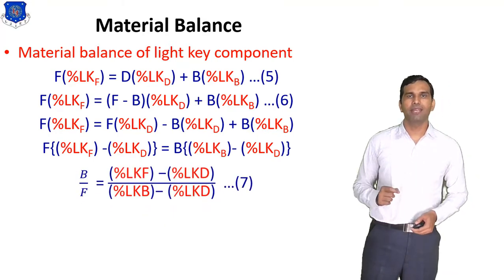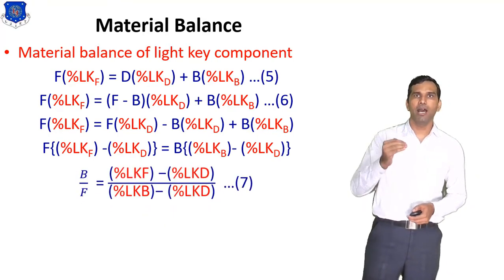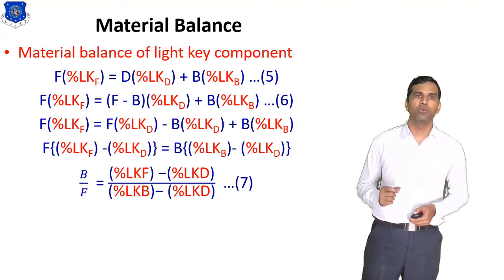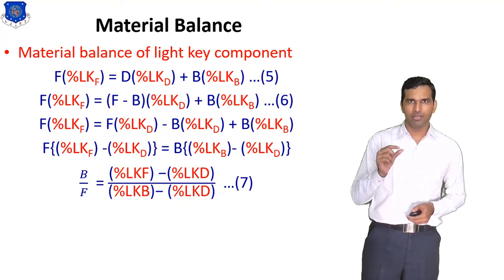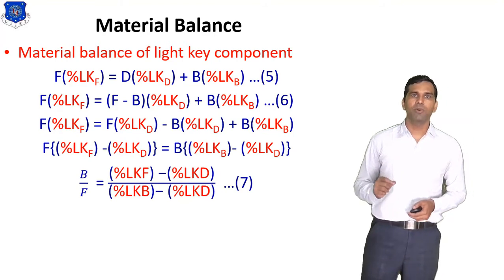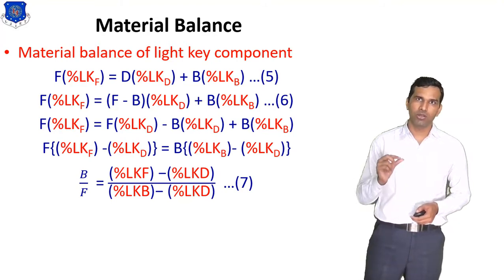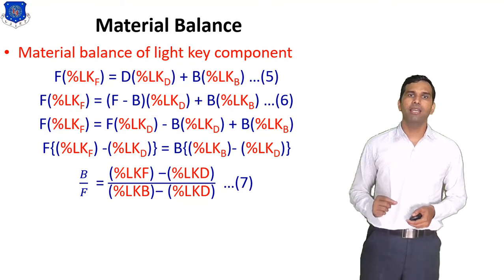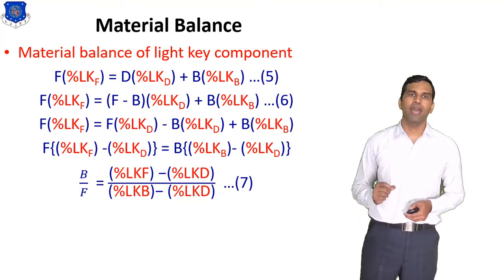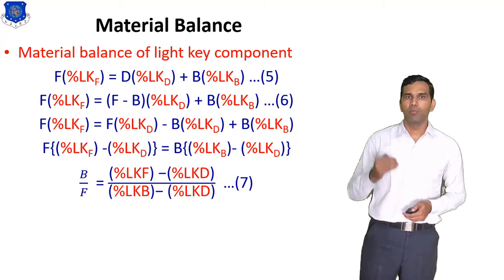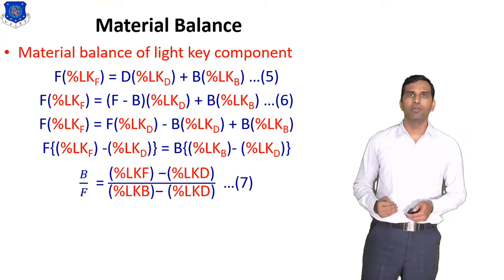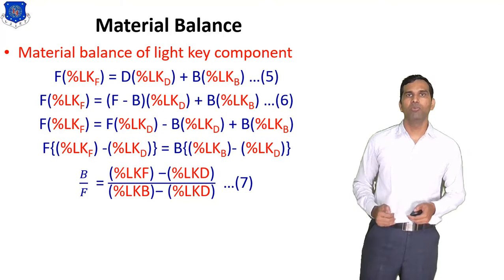So finally we get the equation B upon F equals (percentage LKF minus percentage LKD) upon (percentage LKB minus percentage LKD), where F, D and B are subscripts. So this is the ratio of B upon F, that means bottom to feed.